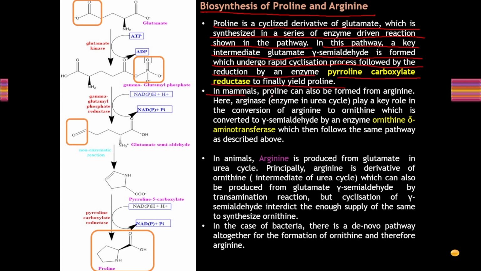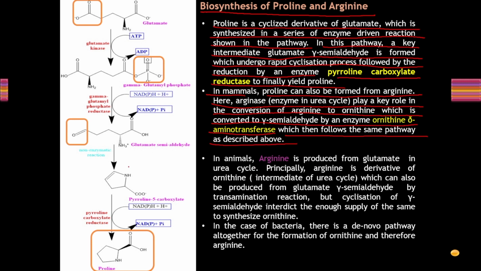In mammals, the proline can also be formed from arginine. Here, arginine is converted to ornithine, which is converted to glutamate gamma-semialdehyde by the enzyme ornithine alpha-aminotransferase, which then follows the same pathway as described above. In animals, the arginine is produced.